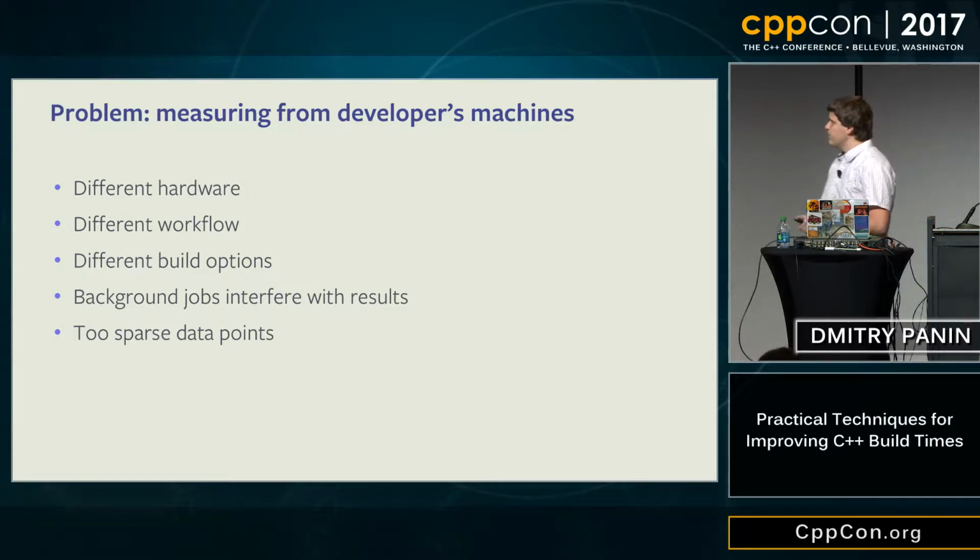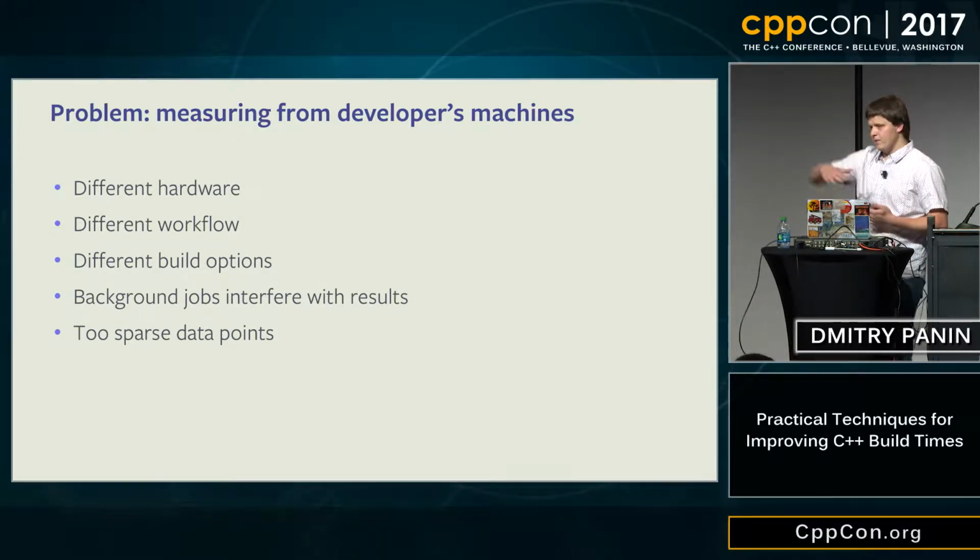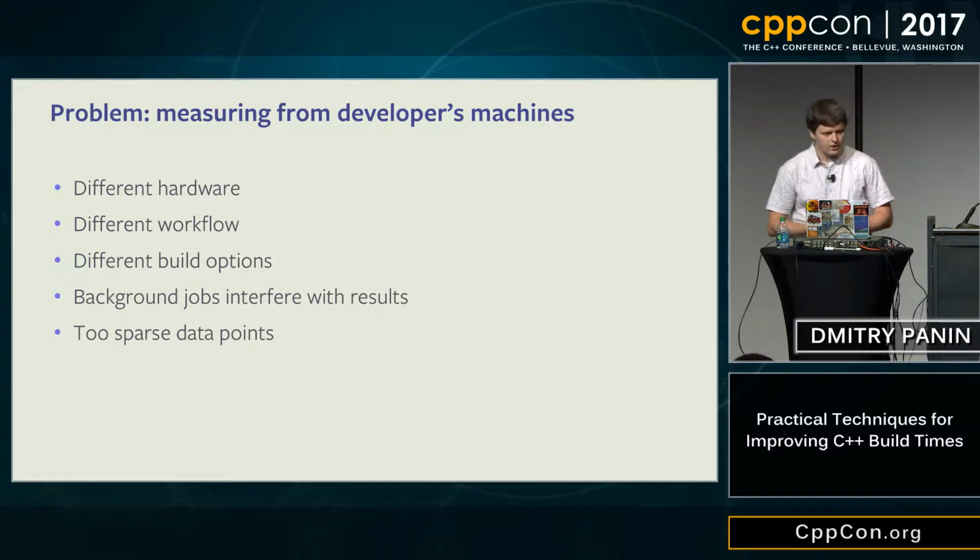Also, there could be something else running on the machine, like multiple builds in parallel, or Bitcoin mining, whatever. People just do some weird things sometimes. And there is also the problem with sparse data points. Engineers don't normally work on the weekends, so sometimes they do, but we will get not so many data points there, and the data will be super noisy.